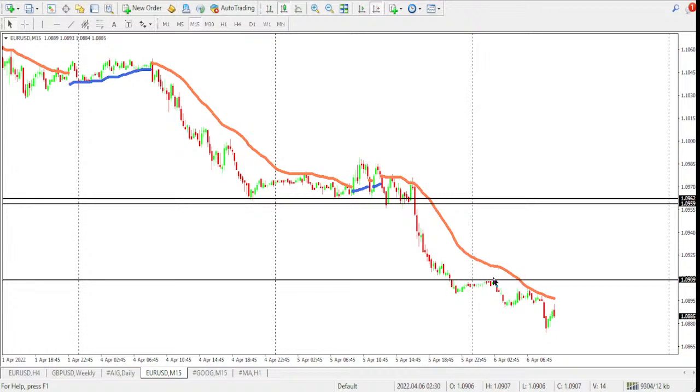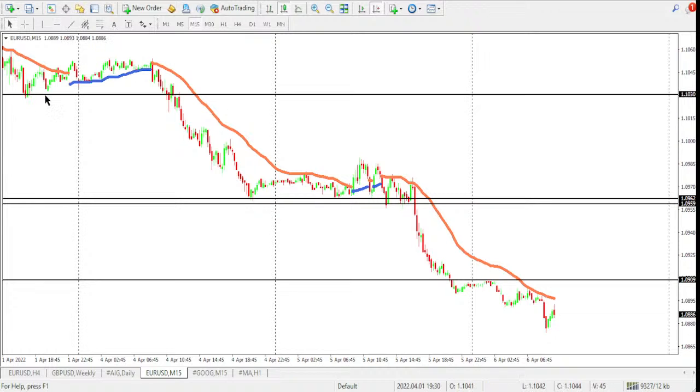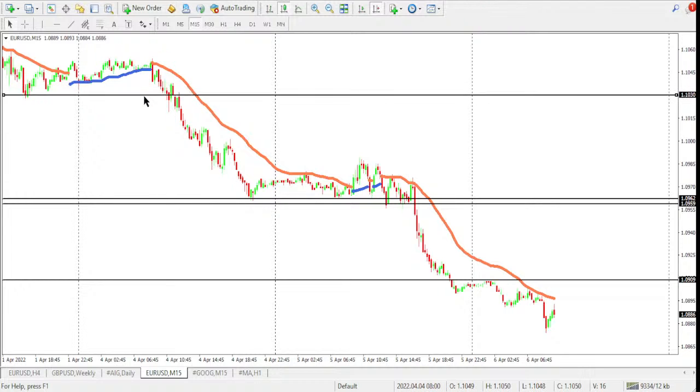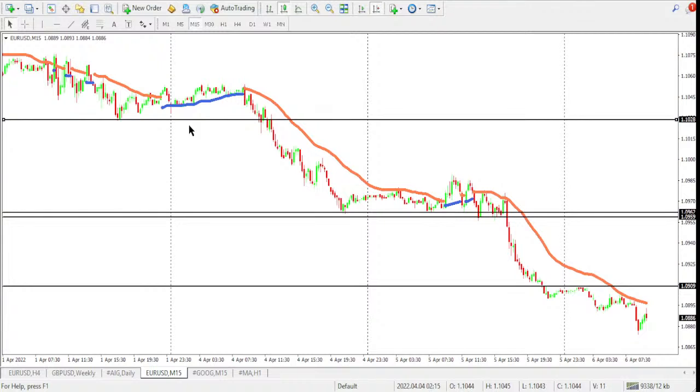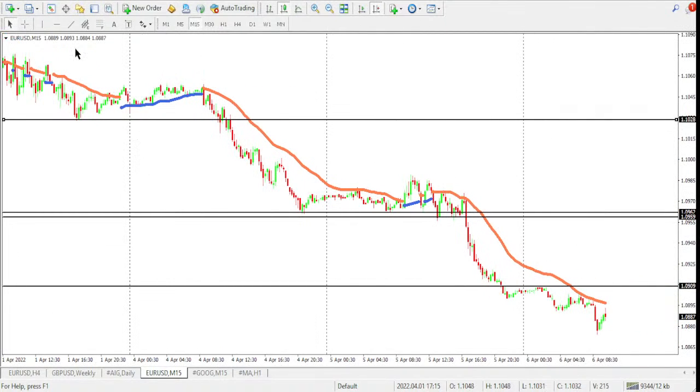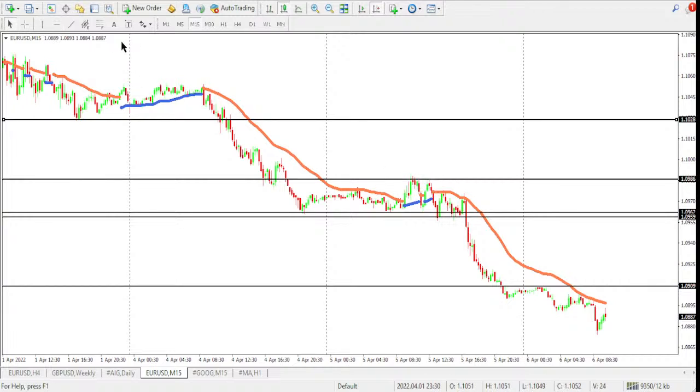It's not as good as the one we have at the top, but it's still a good level because it was used here as a resistance. And then we have another level, this one here. So those are the only key horizontal levels I'm looking at. There is another one, sorry. Also, this looks like a good one here.